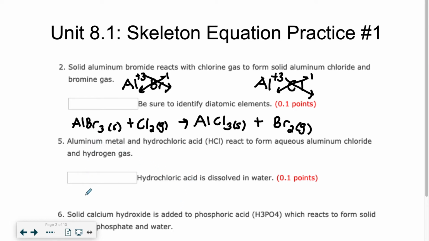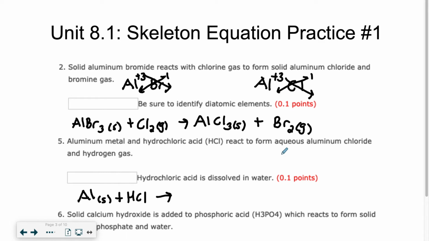Next, we have aluminum metal. Now, I noticed for a few people they put in M in parentheses. If it's a metal, we know that it's going to be a solid at room temperature, with the exception of mercury. And since mercury is not present, we don't have to worry about that. We have hydrochloric acid. Now, since we haven't covered how to name acids yet, I just gave you what that formula was. So that's HCl. It is reacting to form, so that's where my arrow is going to be.